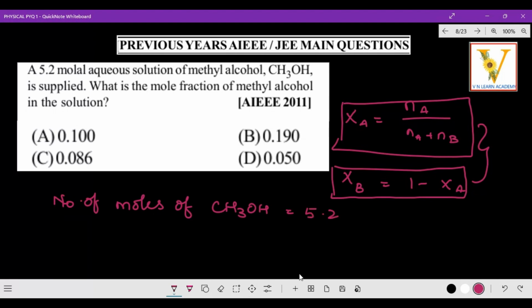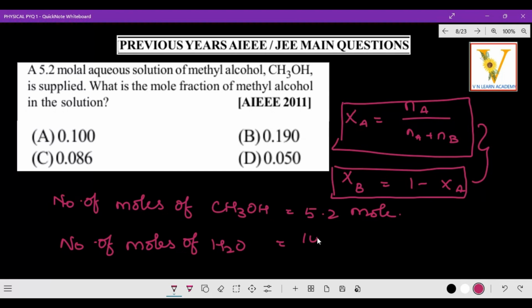Mole is mentioned, molar solution. Now the number of moles of water, how to identify? Here it is 1 liter, since a molar solution is usually 1 liter only.